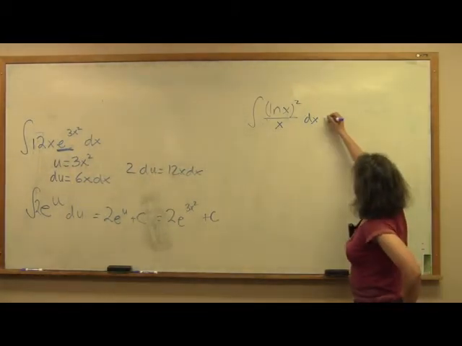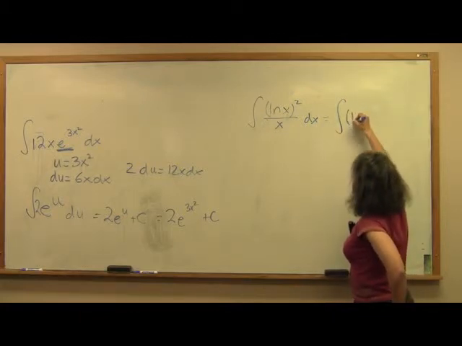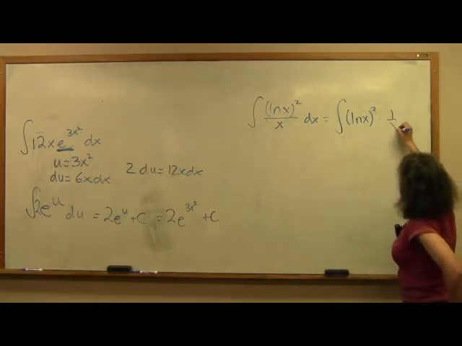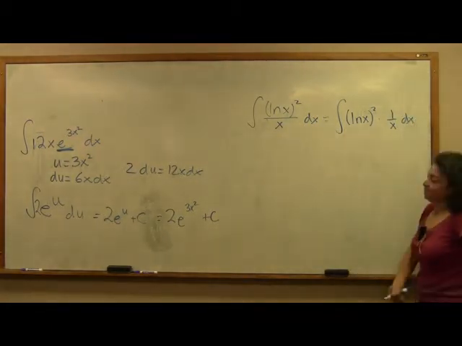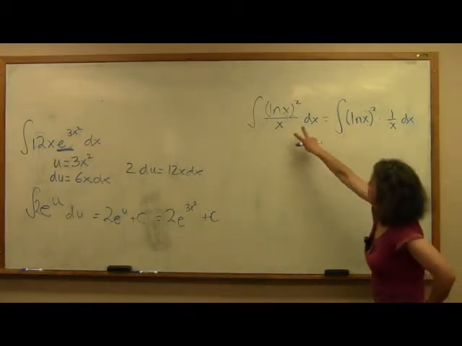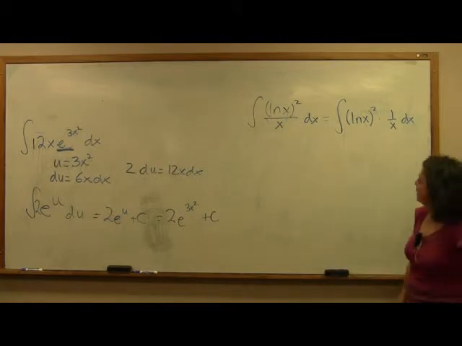Okay, now you don't have to rewrite this way, but I'm going to, so that when we resubstitute things in, you'll see how it goes back in neatly, okay? All I did is separate this fraction into the numerator and denominator.